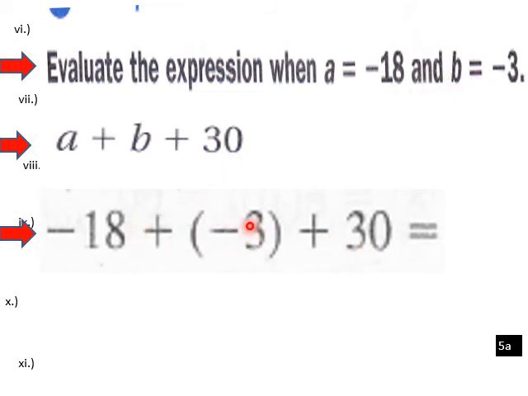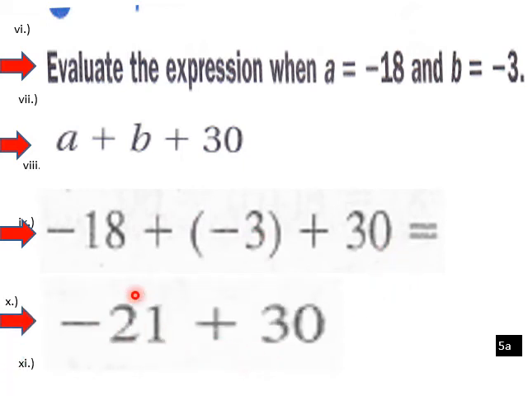We get negative 21 plus a positive 30, which is positive 9. This has a larger absolute value than negative 21, so we adopt a positive sign here. So basically, it's like 30 minus 21 would be a positive 9.